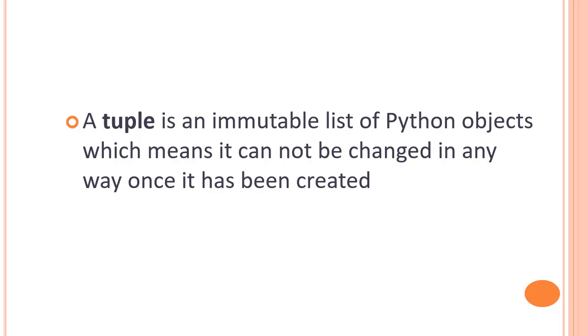So let's take an example. Your mother has given you a shopping list where she has added broccoli, and probably you don't like broccoli. So what you can do is cross out broccoli and write chips or something else.